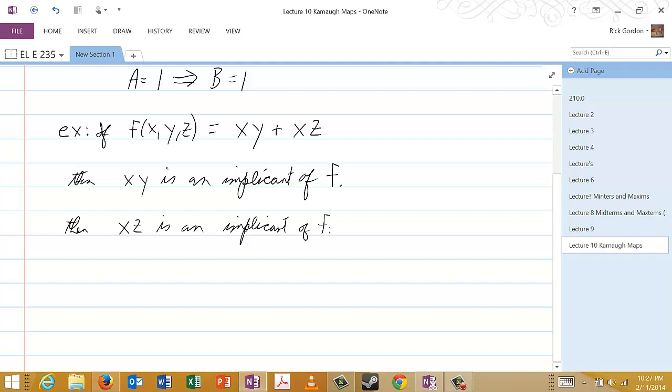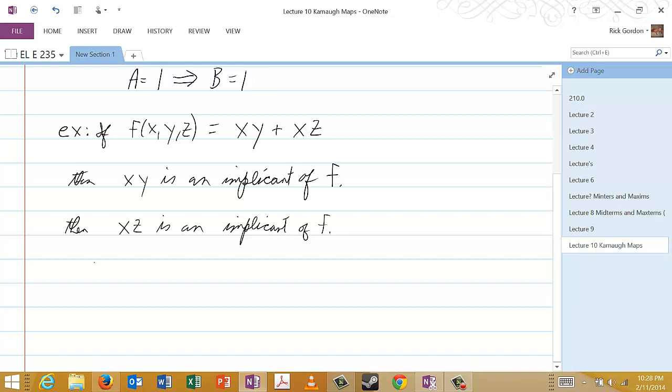And the reasoning is the same there, because if this term, xz, is equal to 1, we don't care what the other term is equal to, whether it's 0 or 1, f will still be equal to 1. So if we think of xz as playing the role of A, if xz is equal to 1, then f is equal to 1. And so from this we see that xz is an implicant of f.